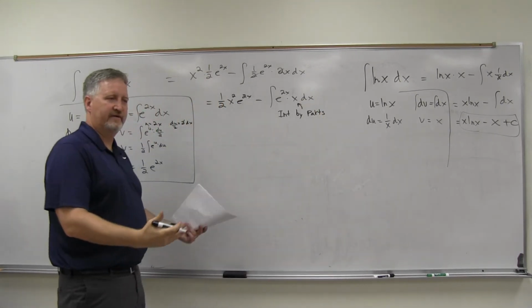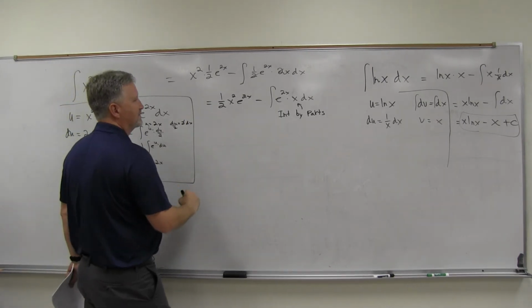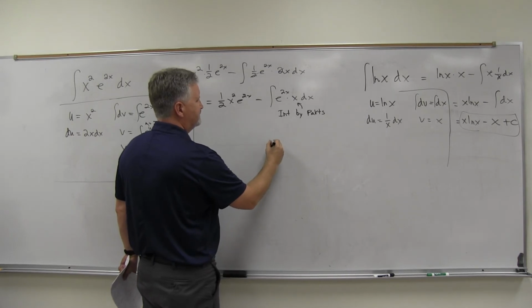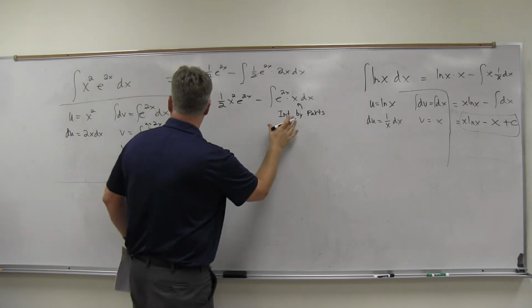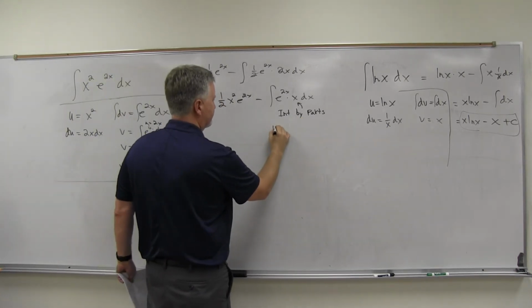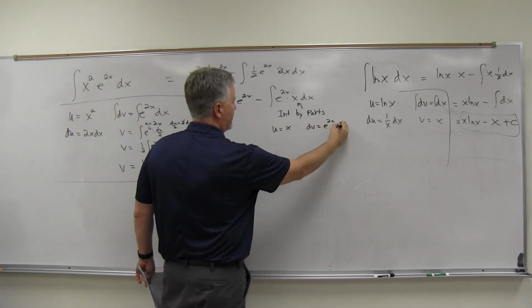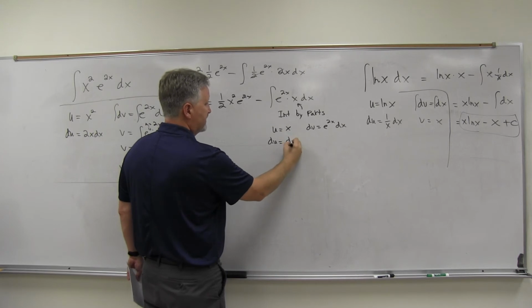So you can apply integration by parts multiple times. I'm sure that's lovely news for you to hear, right? Integration by parts. So just like before, we're going to let u be the x, and then dv is the e to the 2x dx. Oh, that's good because now du over here would just be dx.